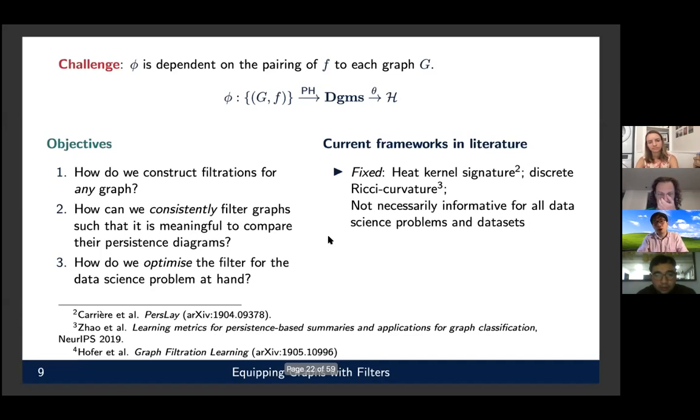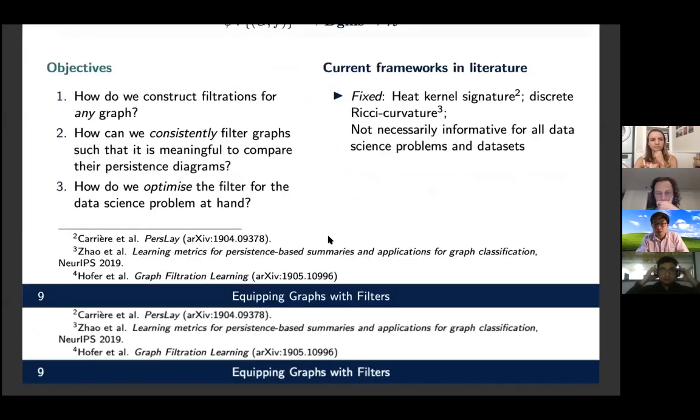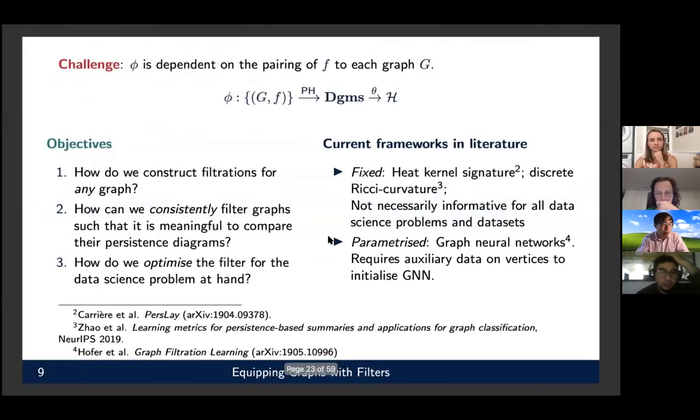And it seems to work successfully for many data sets, but we want something that we can customize and play around with. So another approach is to use graph neural networks. If you've never seen a graph neural network before, it's basically a message passing scheme where vectors are passed between adjacent nodes on your graph along the edges.